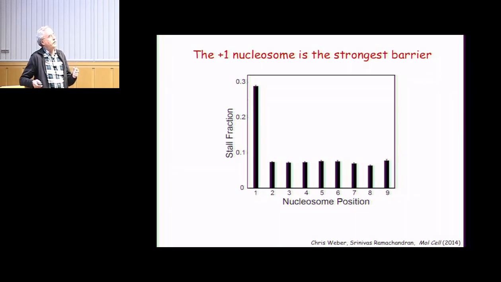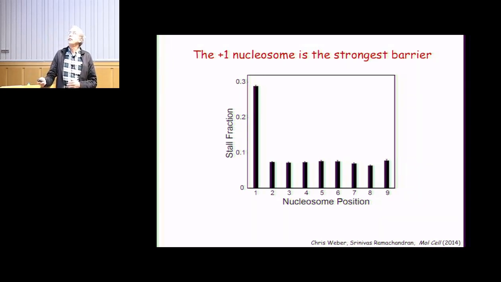So H2A.Z is universally found. It's been a puzzle as to what it actually does. But finding this kind of situation, we wondered whether H2A.Z is involved in this housekeeping process of stalling.